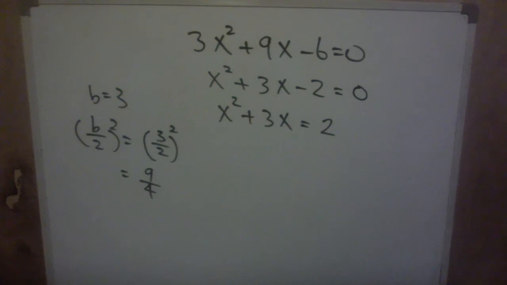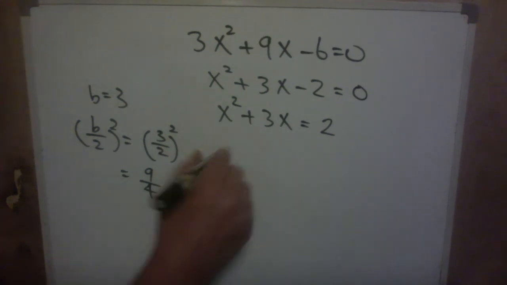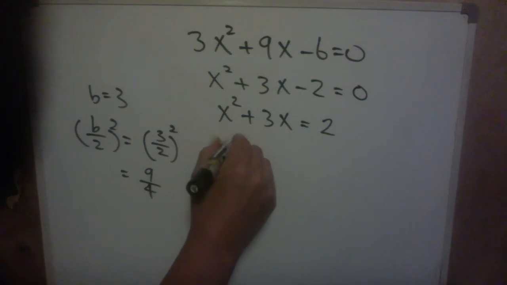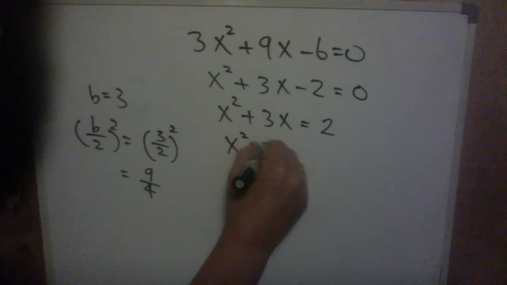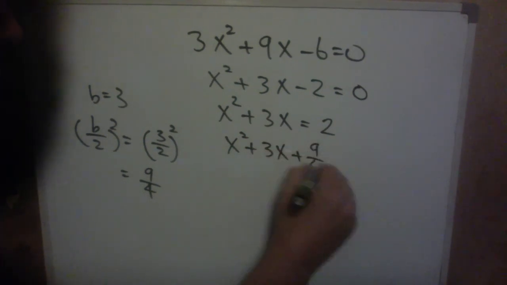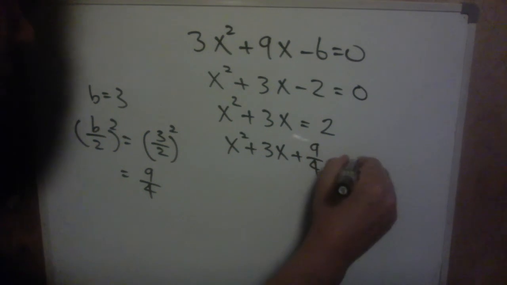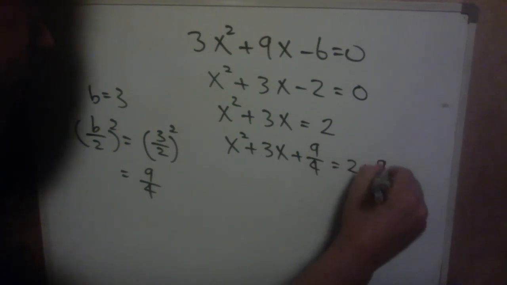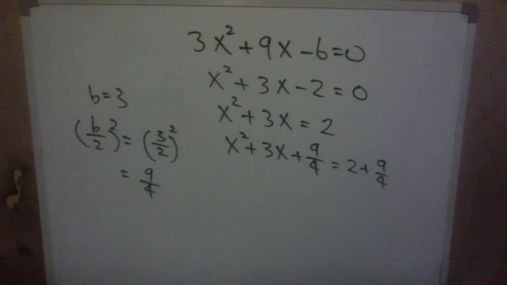We're going to add 9/4 to both sides. So that will be x squared plus 3x plus 9/4 equals 2 plus 9/4.